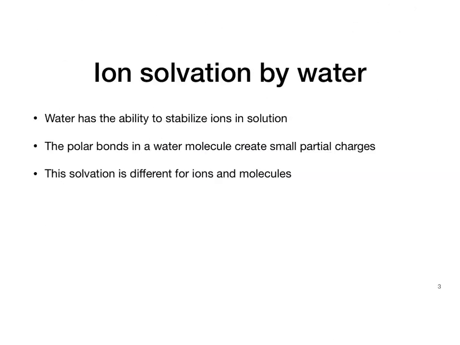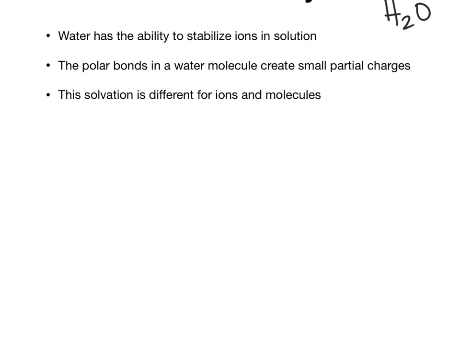What does it mean for something to be solvated? Water has the chemical formula H2O. Today I'm going to show you the structure, which looks like this, and it has two lone pairs. We are going to learn how to draw this in chapters 8 and 9, so today we're just going to think about it.